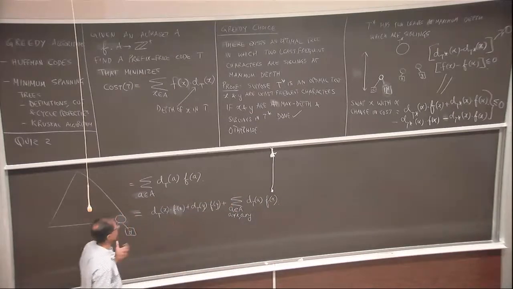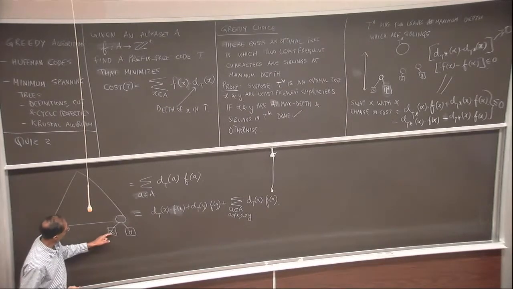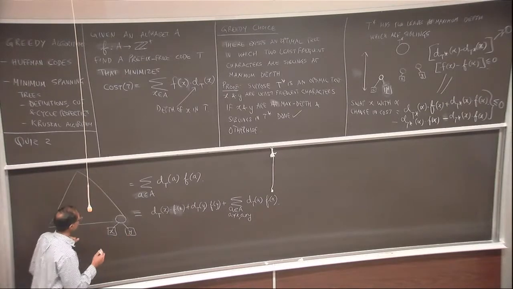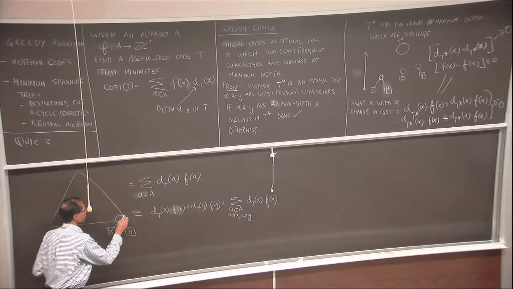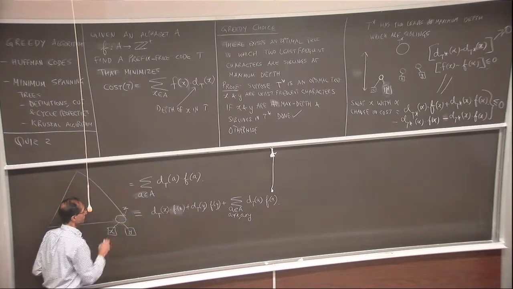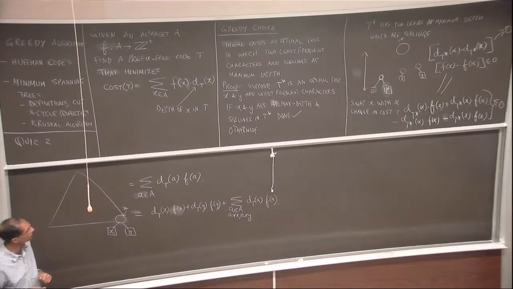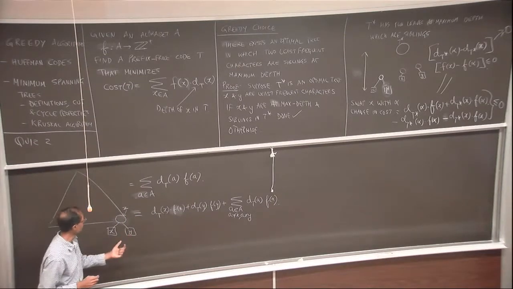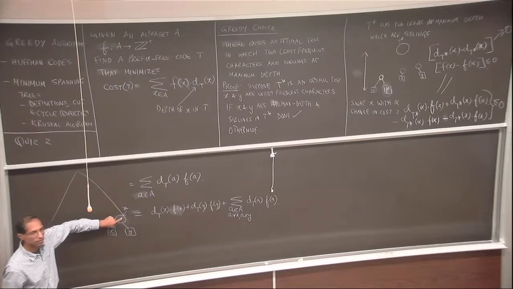I've just separated out dT of x f of x and dT of y f of y. So what is dT of x and dT of y? Let me call this node z, for now. Well, dT of x is nothing but the depth of z plus 1.